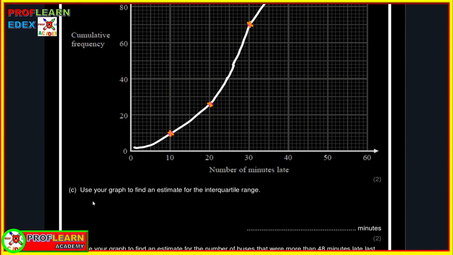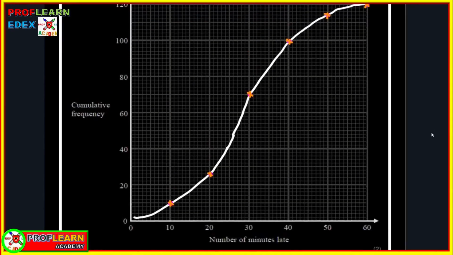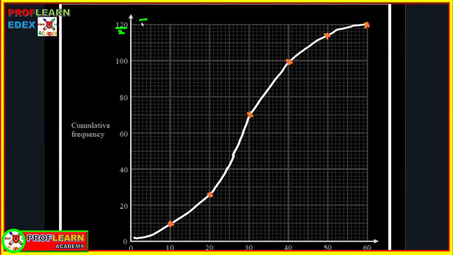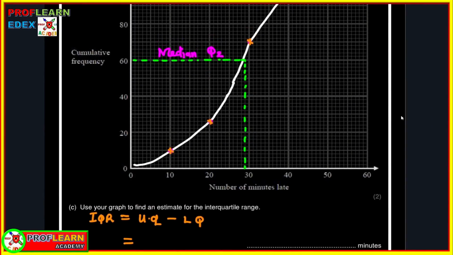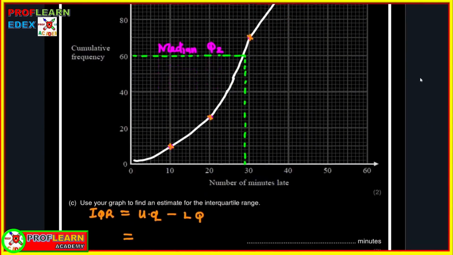The interquartile range is equal to the upper quartile minus the lower quartile. To find the median, you take 120 and divide by 2, which gives 60. You go to 60, draw a straight line across, and this gives us the median down here. You read it below, and that is around 20 something.